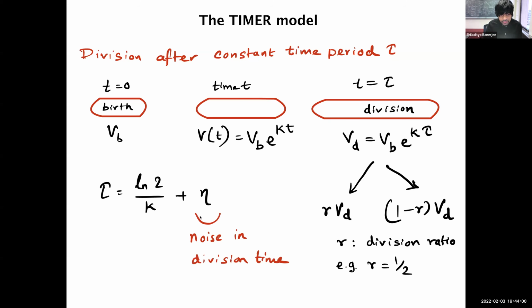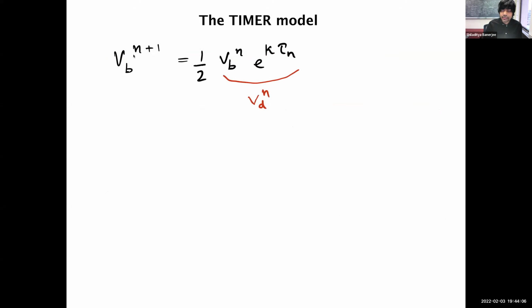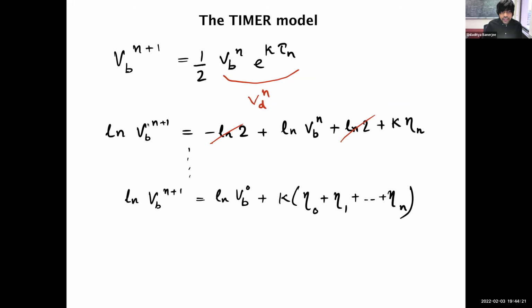Now let's see what happens with this model as I iterate through generations. First of all, I can compute the volume at birth in generation n+1, depending on the volume at division at generation n, and divide it by half. So I get this simple looking relation. I can take a log on both sides, just for mathematical convenience.